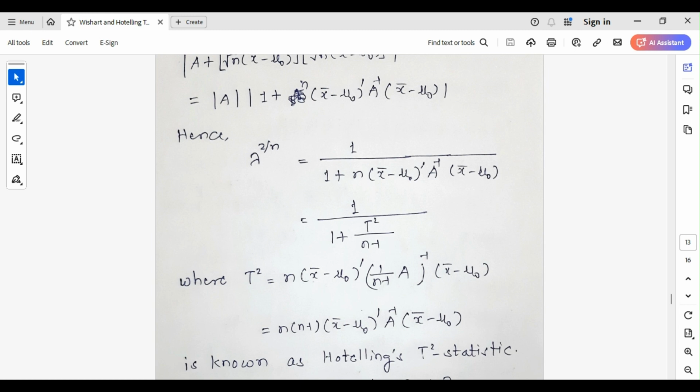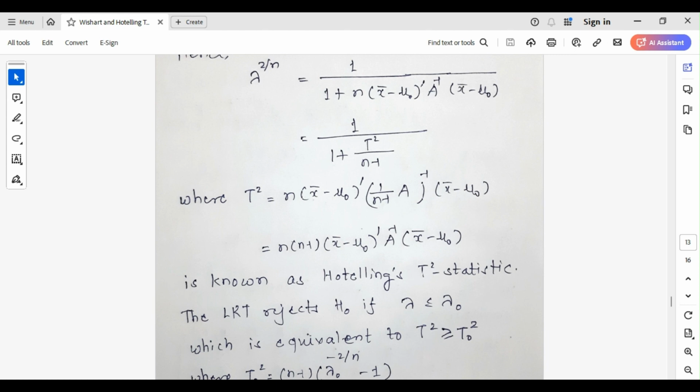Now A by n minus 1 is nothing but an unbiased estimate of the variance covariance matrix sigma. And so this 1 upon n minus 1 A inverse, this n minus 1 will go to the numerator, and so t square will be equal to n into n minus 1 times (x bar minus mu naught) transpose A inverse (x bar minus mu naught), where the matrix A is n times sigma hat.